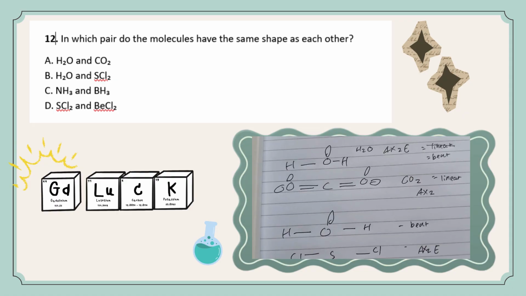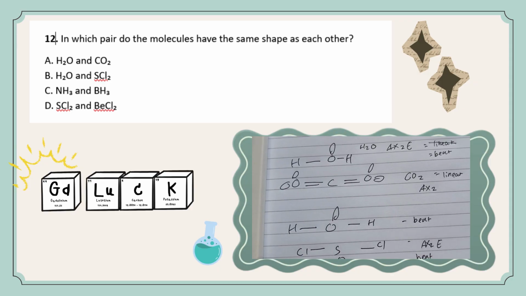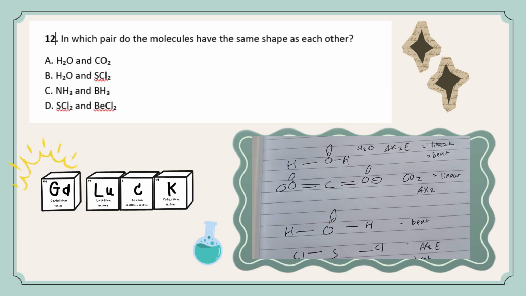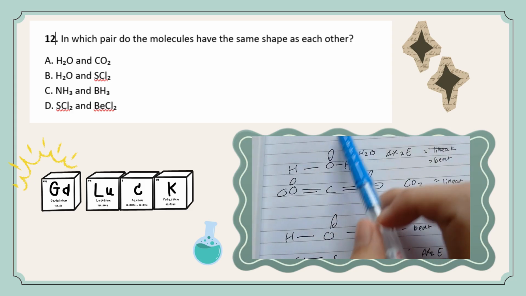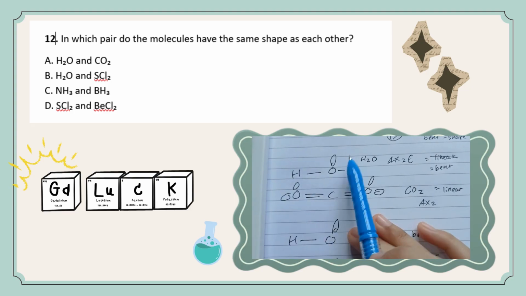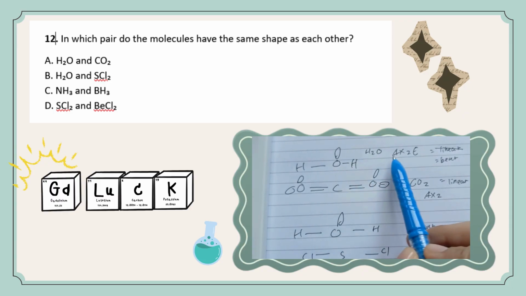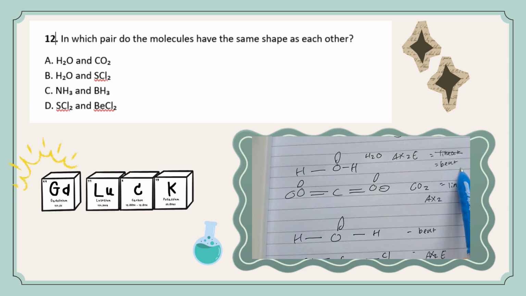Okay, next is number 12. In which pair do the molecules have the same shape as each other? For option A, we have H2O and carbon dioxide. For H2O, I already drew the Lewis structure. It has 2 bonding pairs, AX2, and 1 lone pair, E. That means it has bent shape.